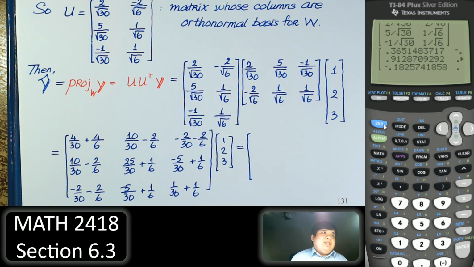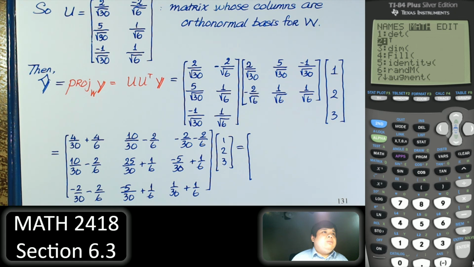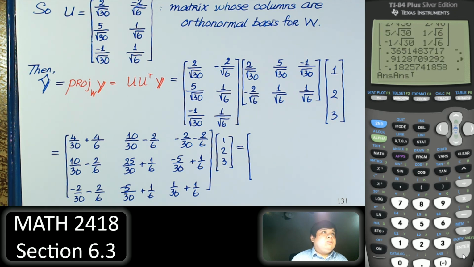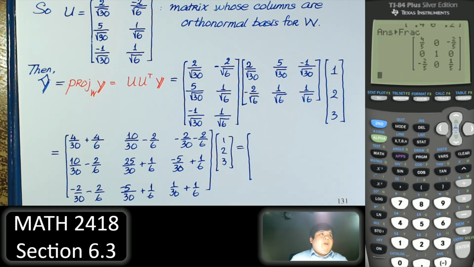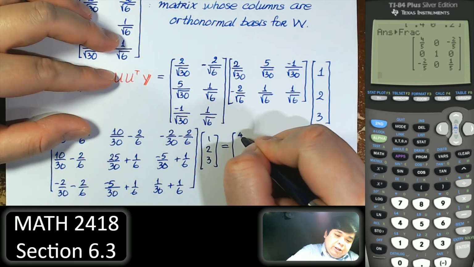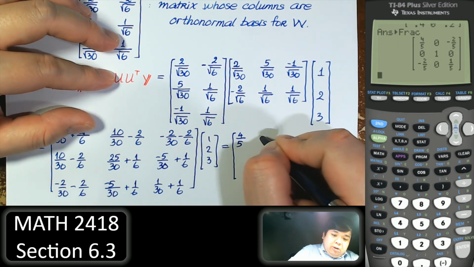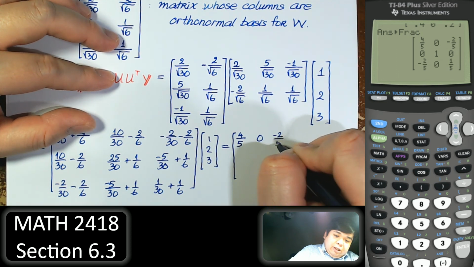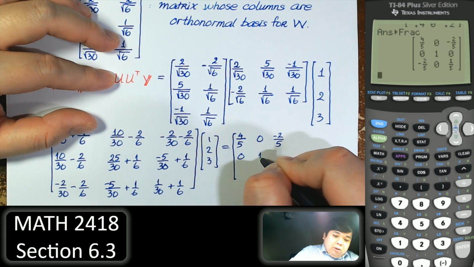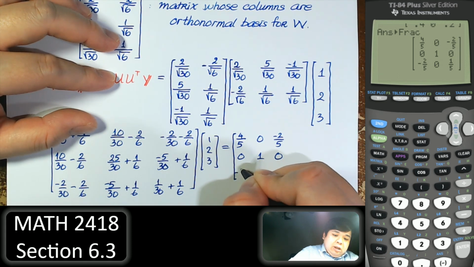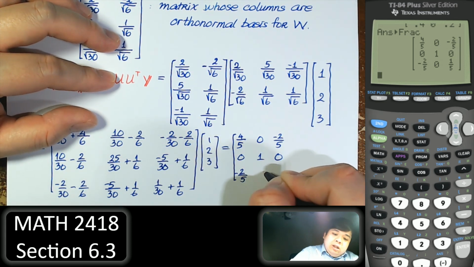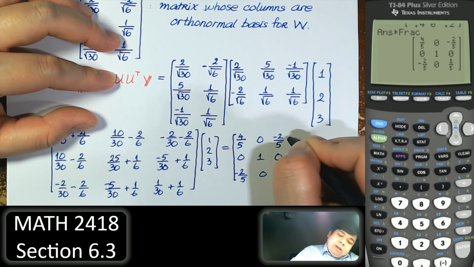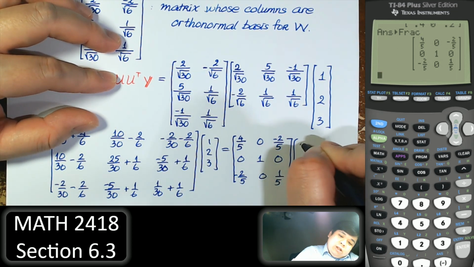Alright, so once again, the matrix times the matrix transpose. Fraction: 4/5, 0, negative 2/5, 0, 1, 0, negative 2/5, 0, 1/5, times 1, 2, 3.